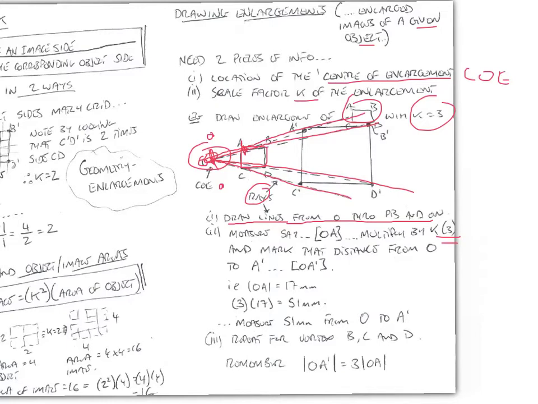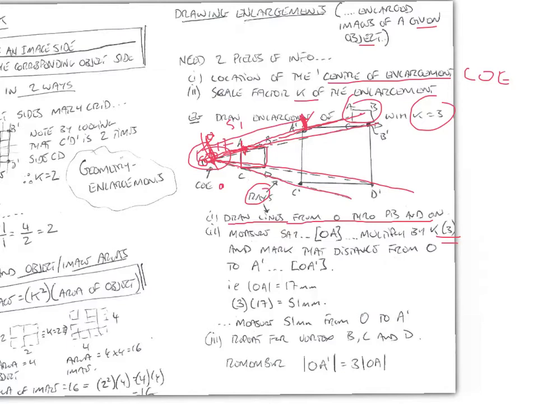You mark that distance, 3 times OA, along your ray line from O through A and onwards. So in this example, O to A is 17 mil, and 3 times 17 is 51 mil. So this measurement here, if this page was enlarged to its proper A4 size, if that's 17, that's 51 mil.